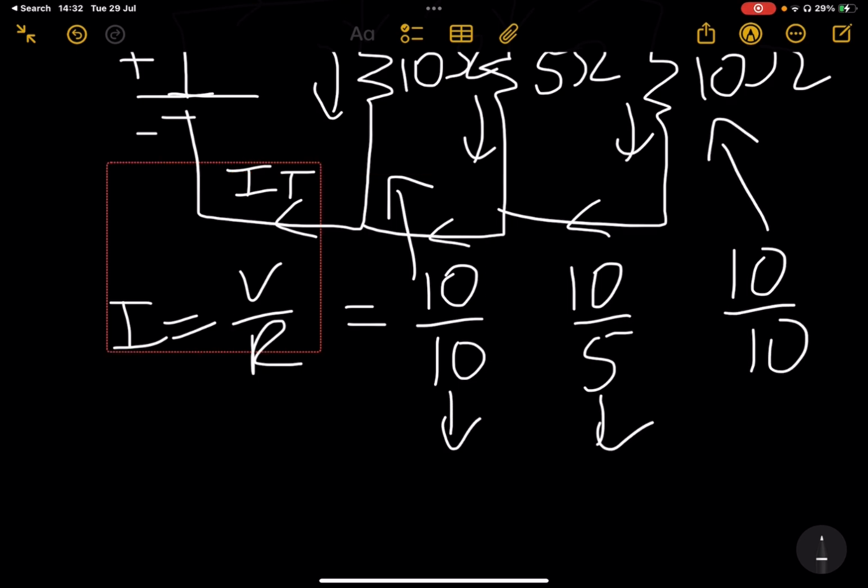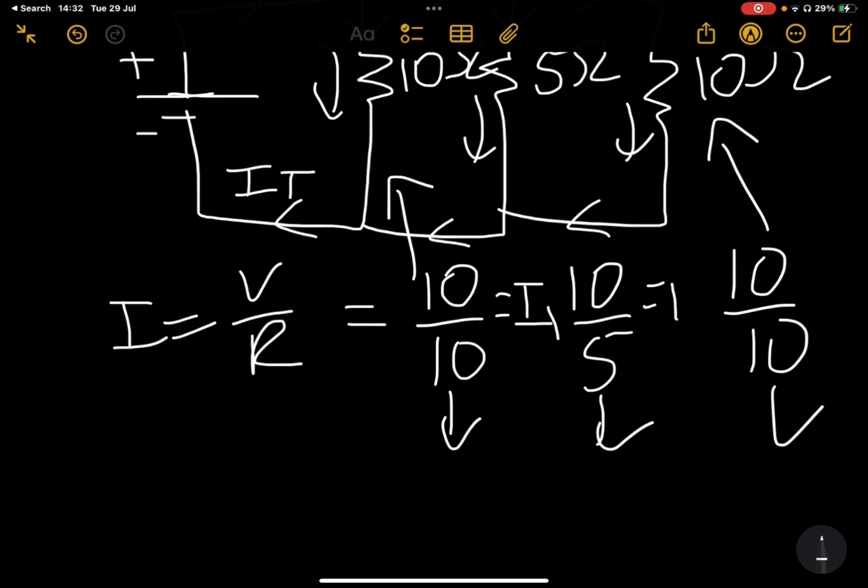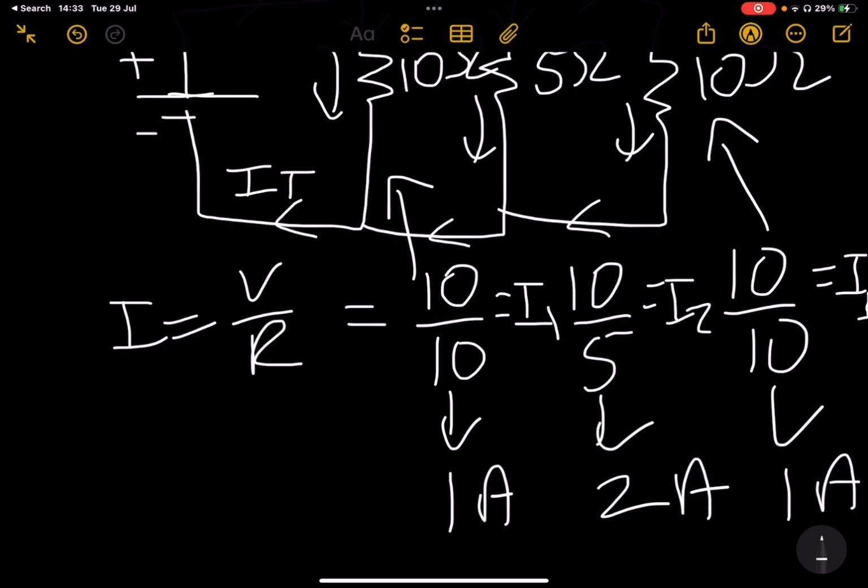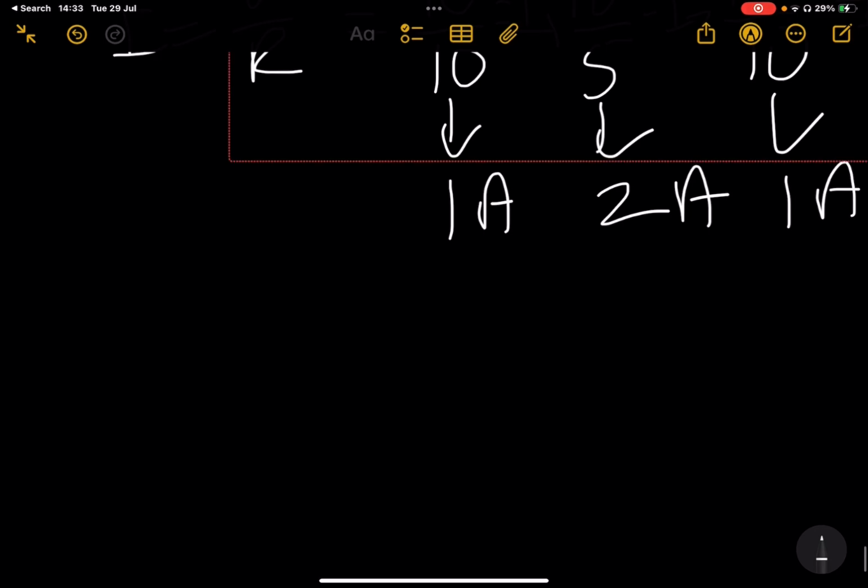So these are the branch currents I1, I2, and I3. Our first current was 1, then 2, and then 1 amp. All right, easy. So the next thing we got to do is look at IT.